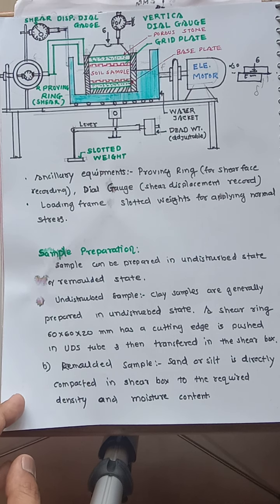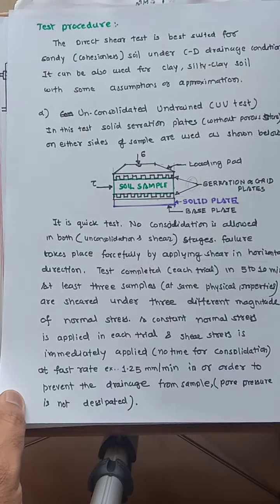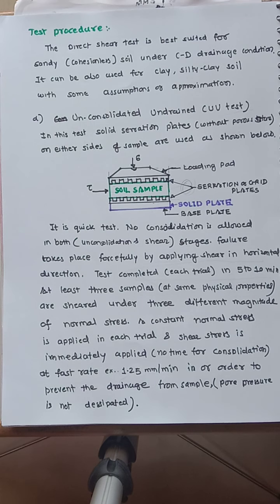Once consolidation is over, generally we keep 24 hours, or until there is no change in the vertical dial gauge reading for sufficient time, then we say consolidation is over and we apply the shear stress.